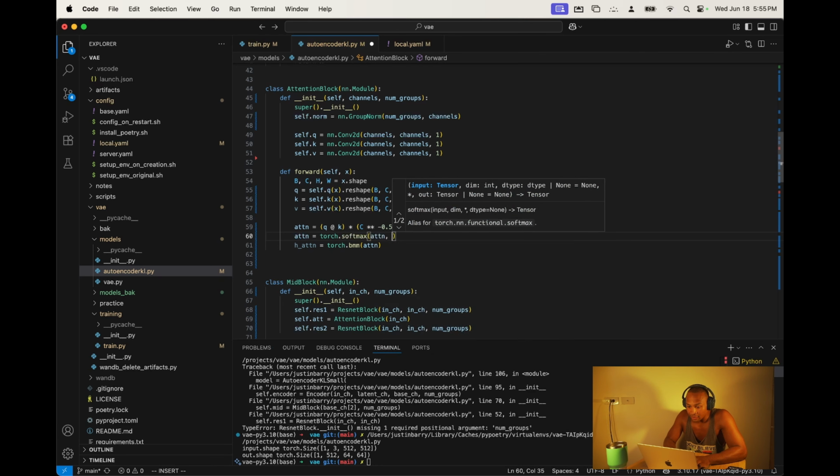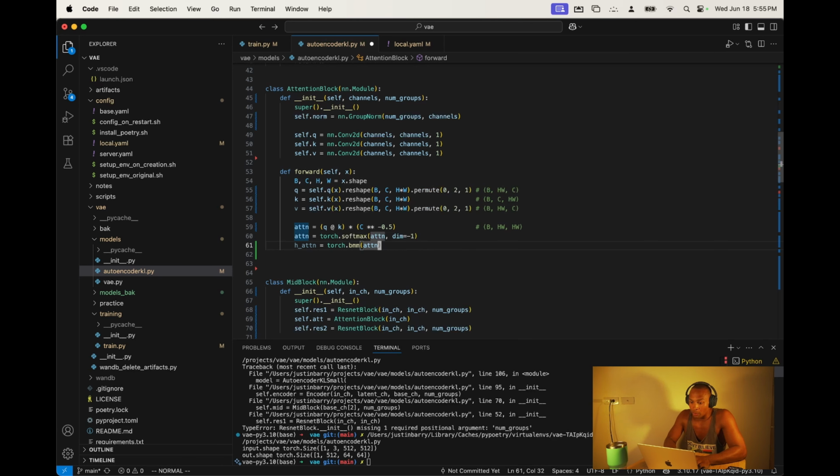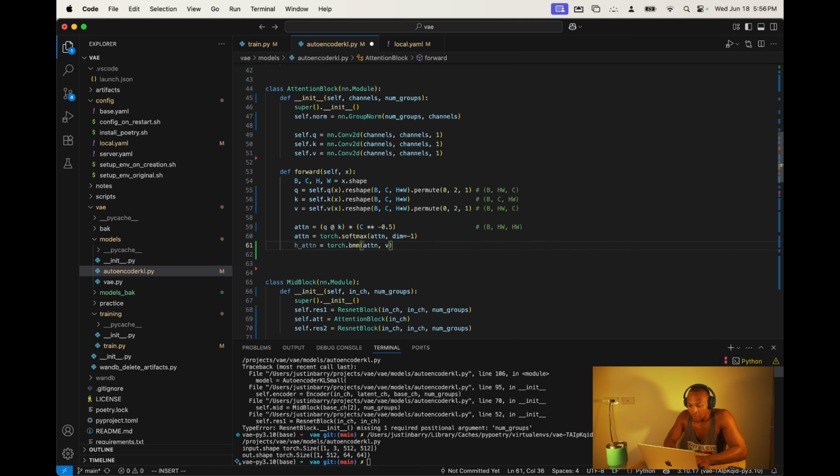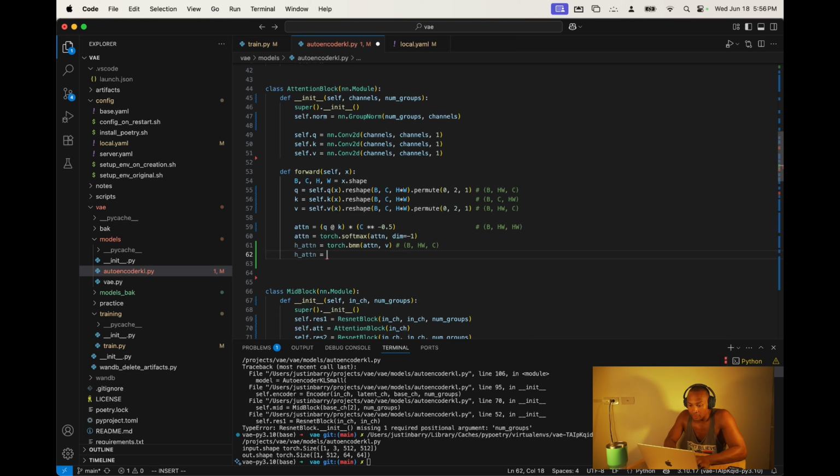Softmax, attention at the pixel level. So it's going to normalize all pixels. And then I'm going to take the dot product of attention and V. So right now we have the HW C. I'll leave it like this, to make it easier to read.